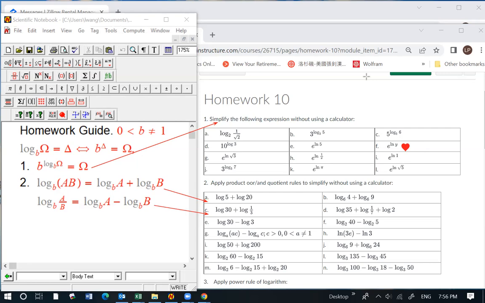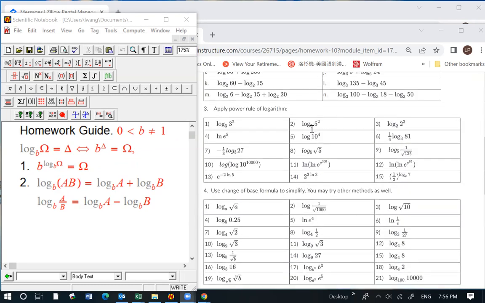Okay, continue. Exercise number 3. Continue to use this variety of properties. Besides this property, there's another property, actually called a power rule.